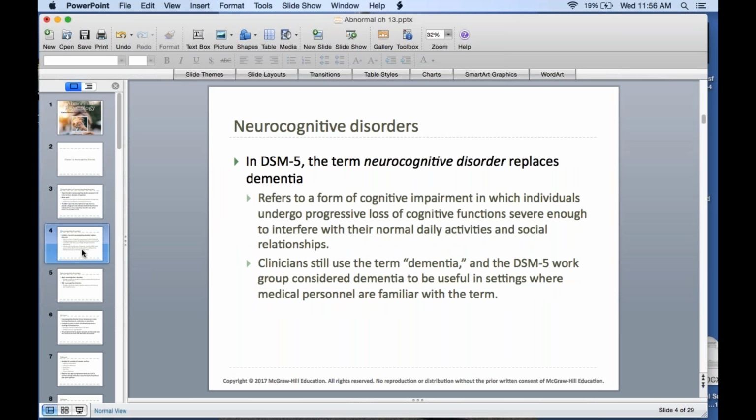It refers to a form of cognitive impairment in which individuals undergo a progressive loss of cognitive functions. It needs to be severe enough to interfere with normal daily activities and social relationships. Now, clinicians are still going to use the term dementia, right? However, the DSM-5 work group considered dementia to be useful in settings where more medical personnel are familiar with the term, so we may still use the term dementia, but technically it's, quote, neurocognitive disorder.